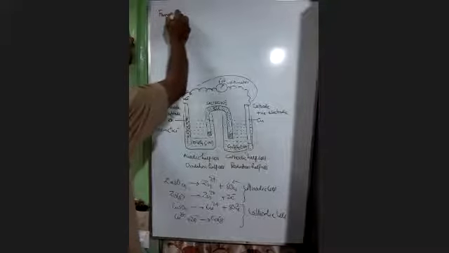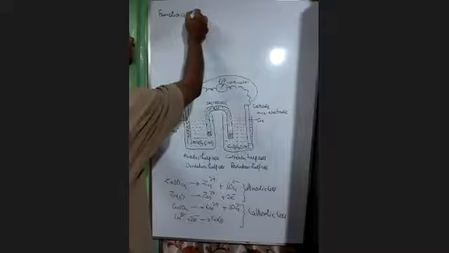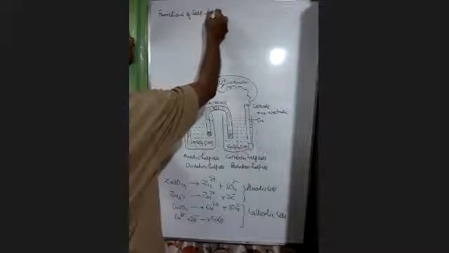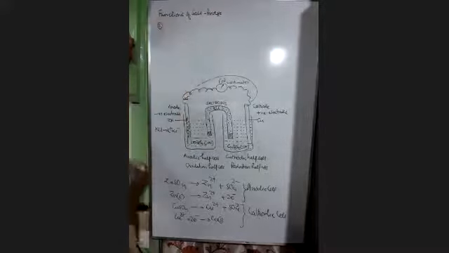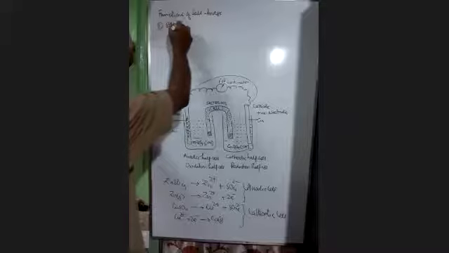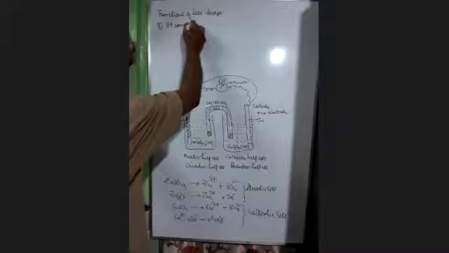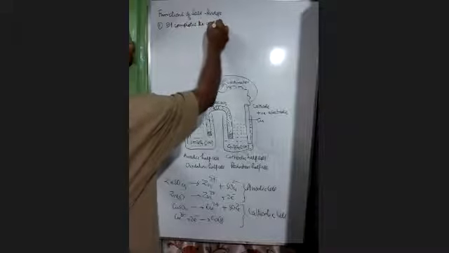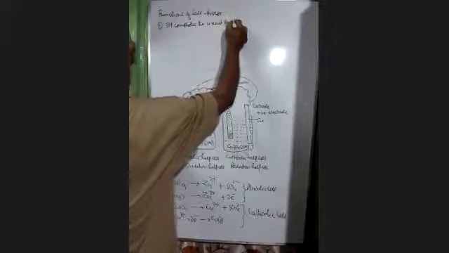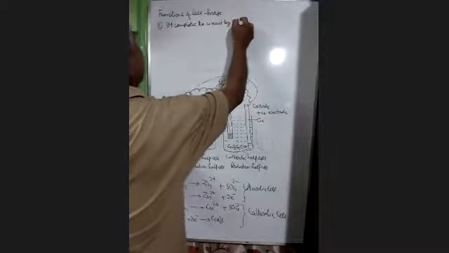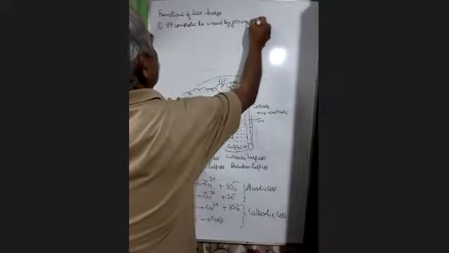Okay. Now functions of salt bridge. It completes the circuit by joining both the half cells.